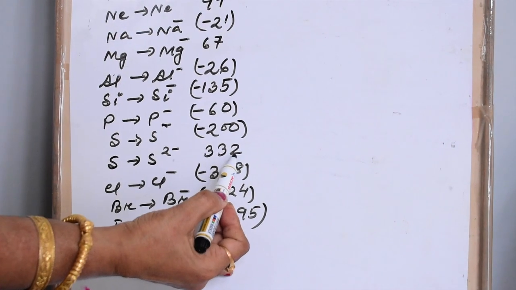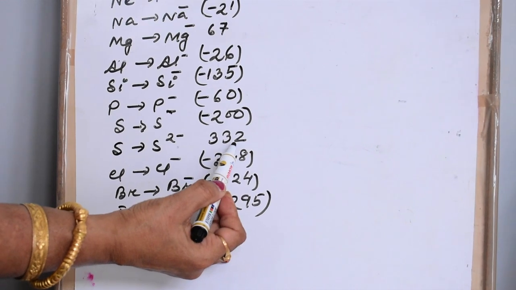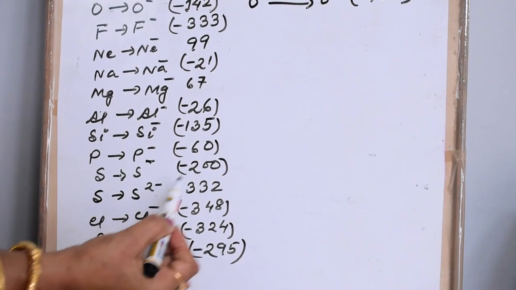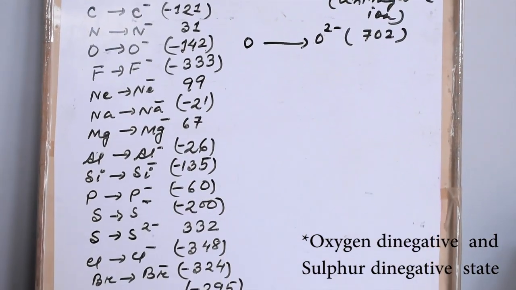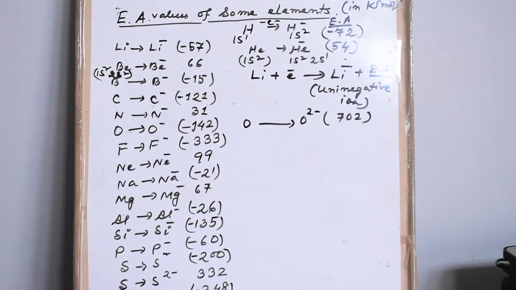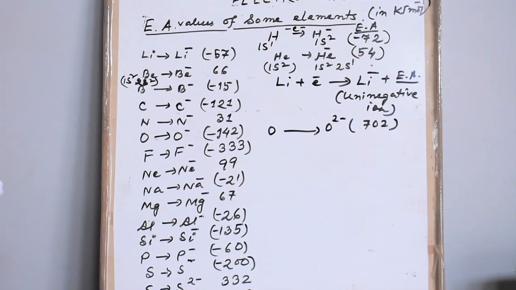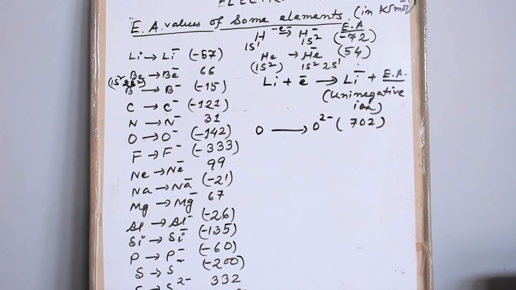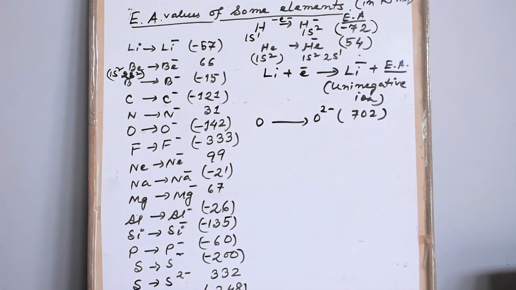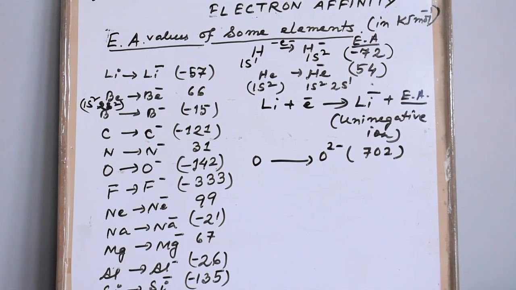Although these have positive energy, that means energy absorbed, in many compounds we get oxygen and sulfur in the O2 minus state. It follows that the energy required to form the ions must come from some other process, such as the lattice energy, where the ions are packed together in a regular way to form a crystalline solid, or from solvation energy in solution.